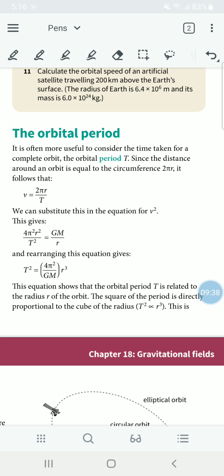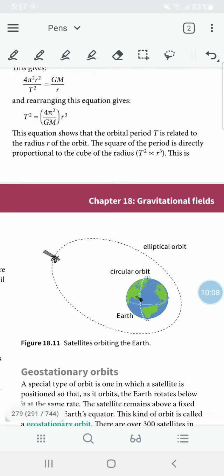Leave a line and write. This suggests that T is related to the radius r in such a way that the square of the period T is directly proportional to the cube of the radius, r cubed.